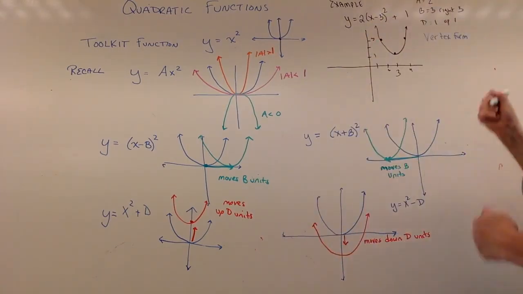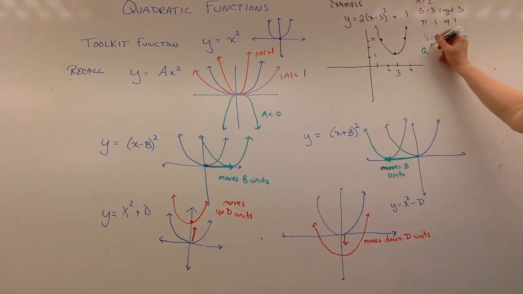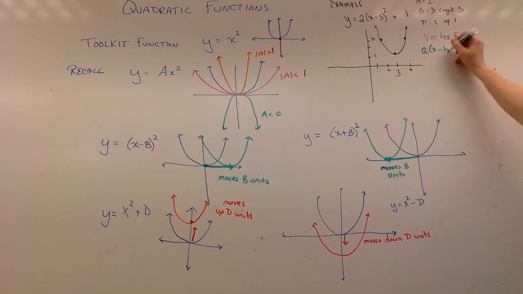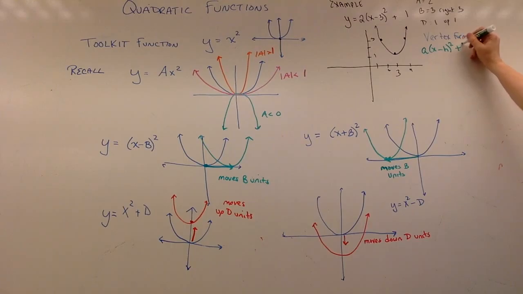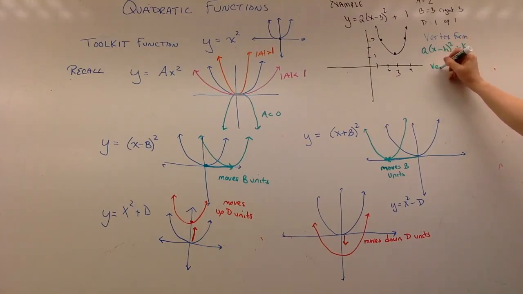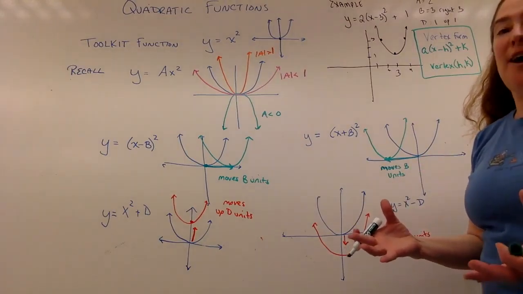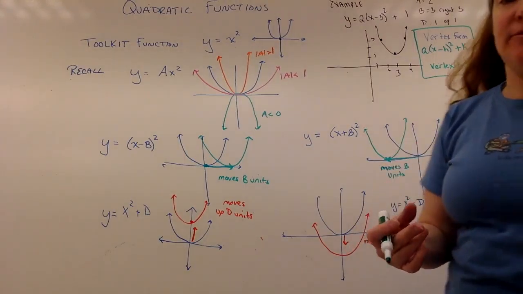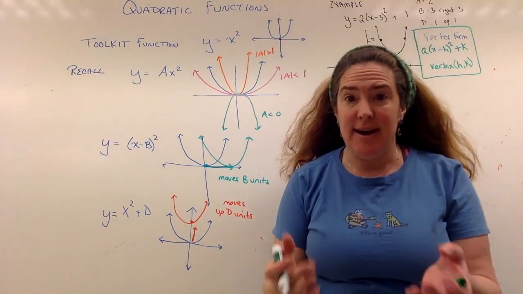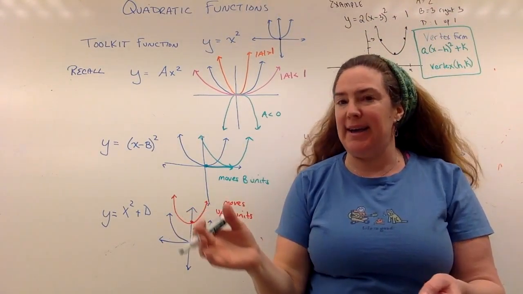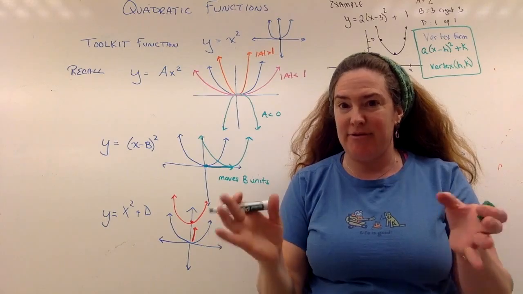So when we write vertex form, we say that it's a times (x minus h) squared, that's still that horizontal shift, plus k, where your vertex is (h, k). That's my vertex form. And again, what's so wonderful about that is I can take any quadratic, and if I put it in vertex form, instantly I can graph it. I can go boom, I can get the sketch down, it's graphed, I'm good.